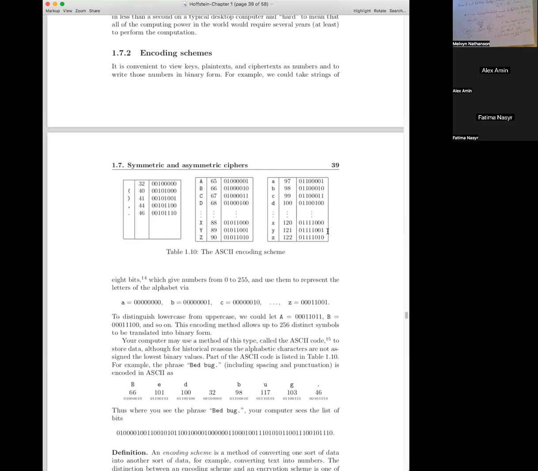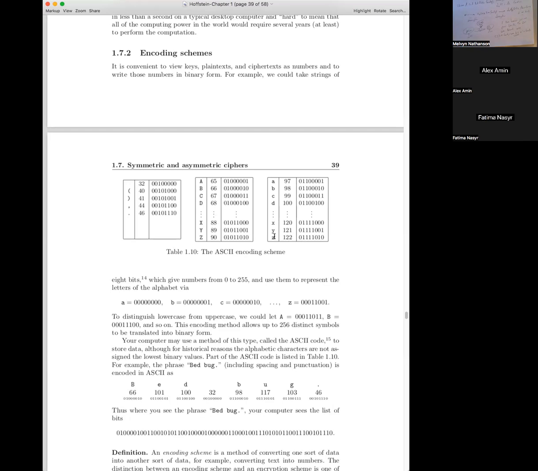So you should see on page 39, this is the ASCII coding scheme. It assigns to every capital letter a number from 65 to 90, the 26 capitals. For every lowercase letter, a number from 97 to 122. But these are written in binary.